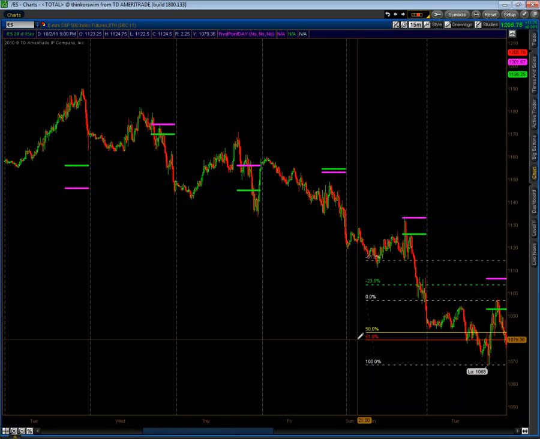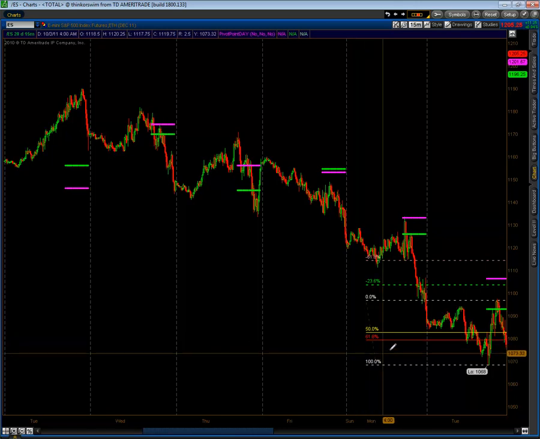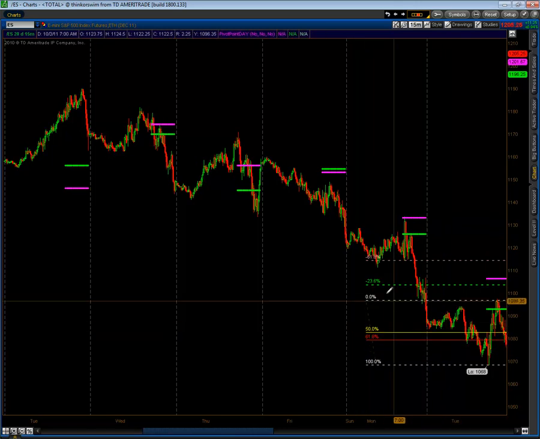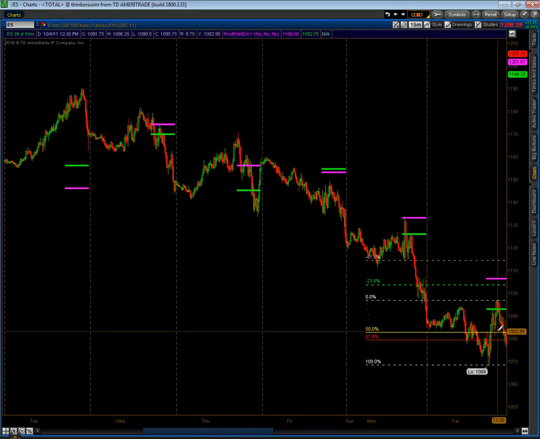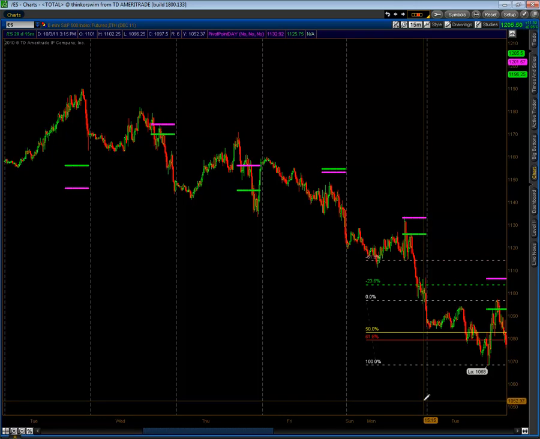You've got some programs getting out of trades. You've got other programs trying to continue the short trend even after the trend has broken. There is some confusion about whether or not the trend has actually broken. So you'll frequently see immediately after a trend failure that the trade in the opposite direction fails as well.